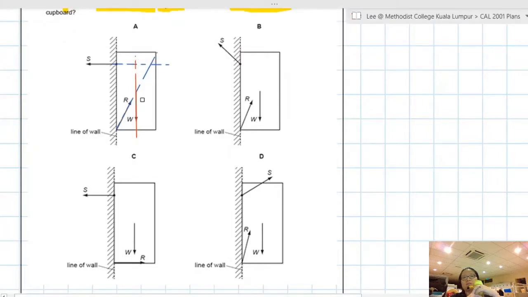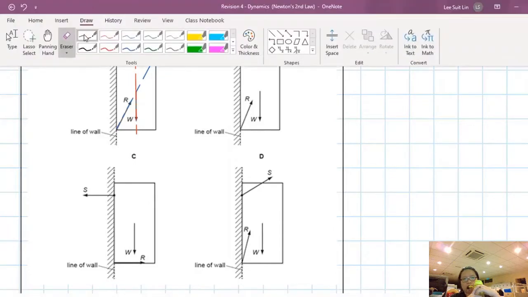But they all three are supposed to meet at the same point, and you can see these three forces don't meet at the same point. R and S will meet at one point that is different from R and W, and that is also different from S and W. So A is wrong.